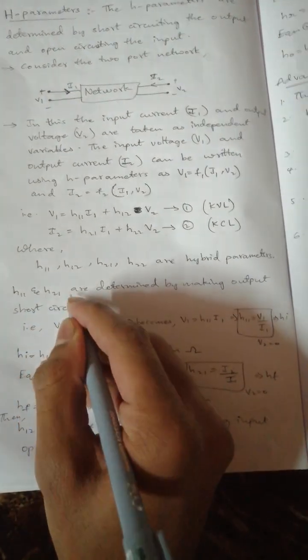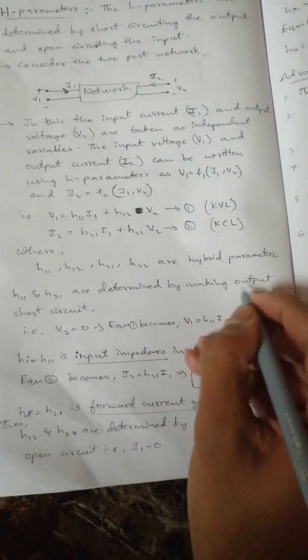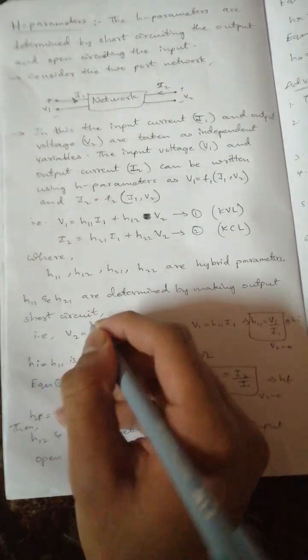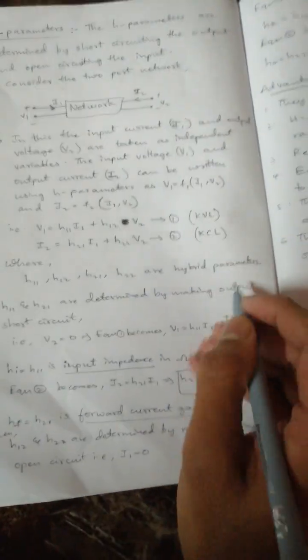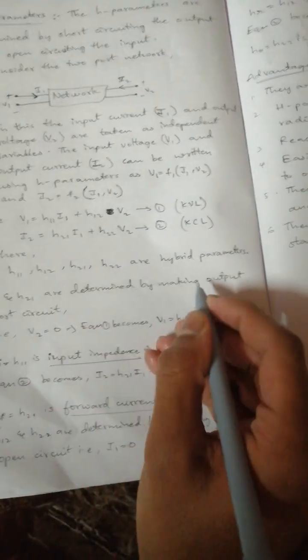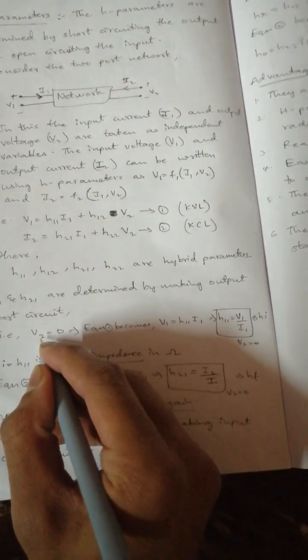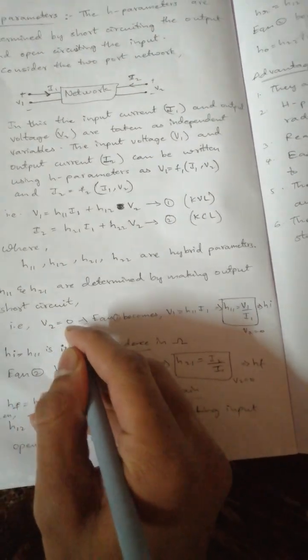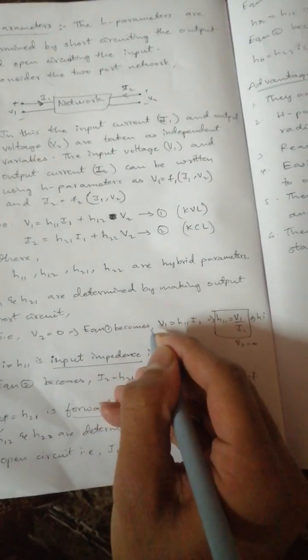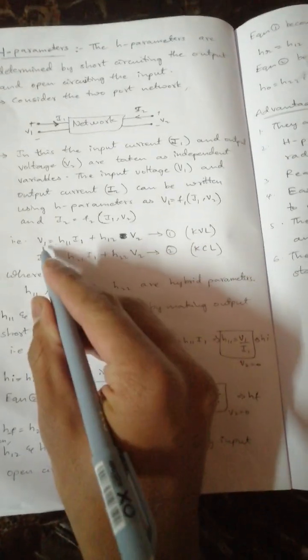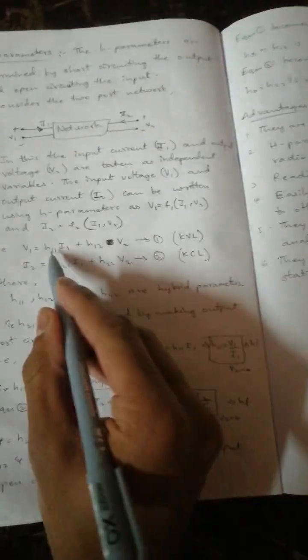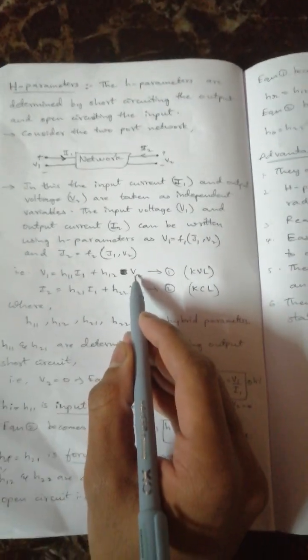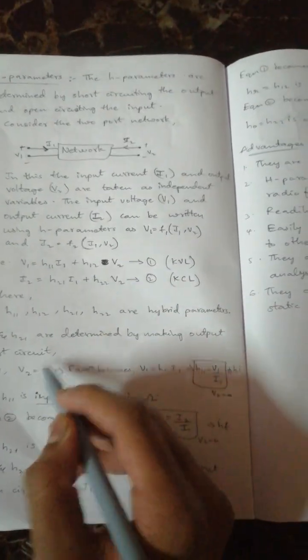H11 and H21 are determined by making the output short circuit, that is V2 is equal to 0. Output means V2. Then V2 is equal to 0. Equation 1 becomes V1 is equal to H11 I1, because V2 becomes 0 here.